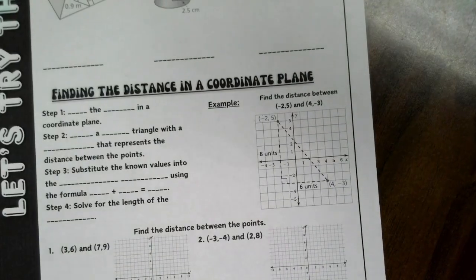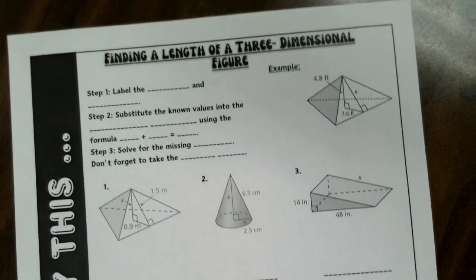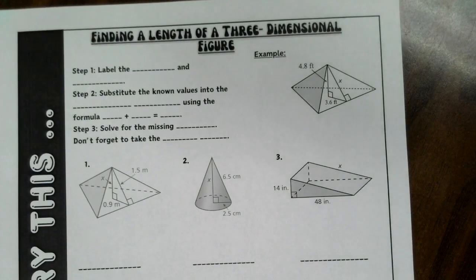Okay, so we're still not done, believe it or not. This is only one side, so you're getting close. So this is when you're finding a length of a three-dimensional figure.